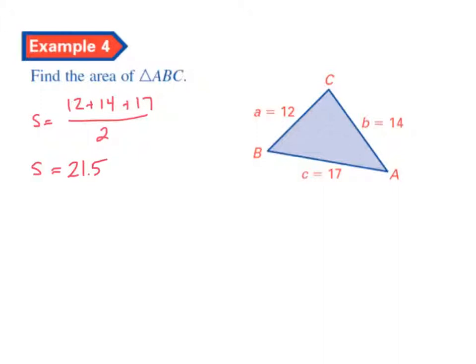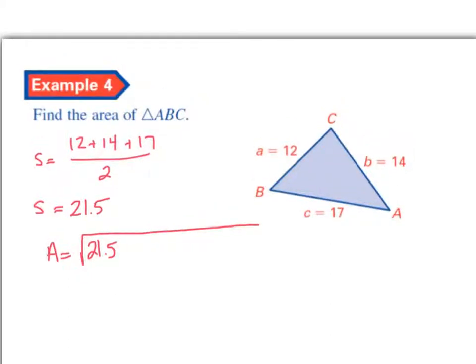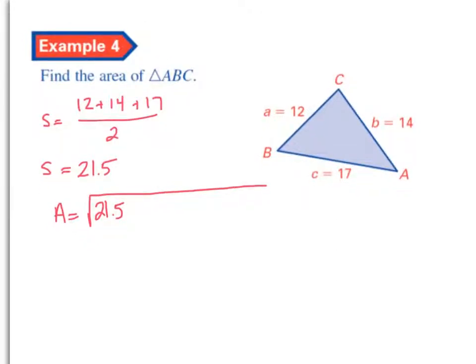Now I apply my formula for the area, which will be the square root of the semi-perimeter multiplied by each of these differences: 21.5 minus 12, 21.5 minus 14, and 21.5 minus 17.